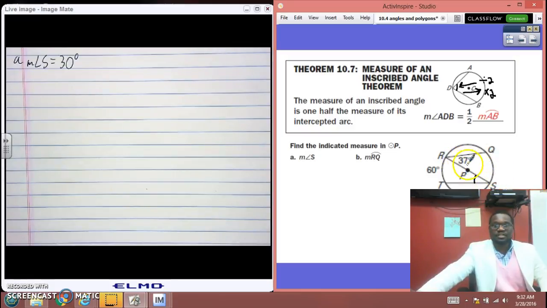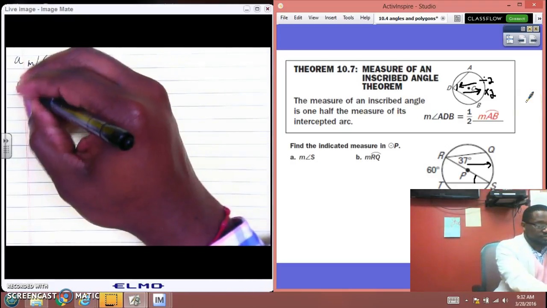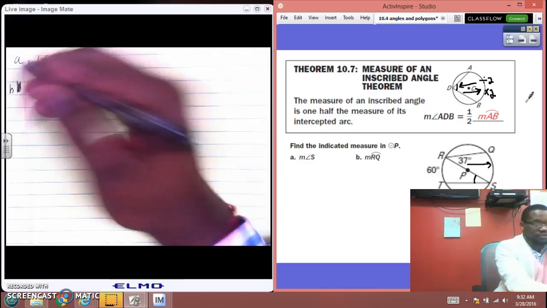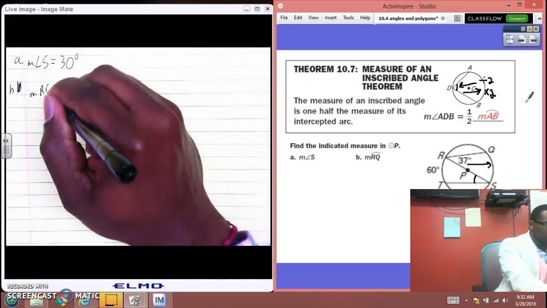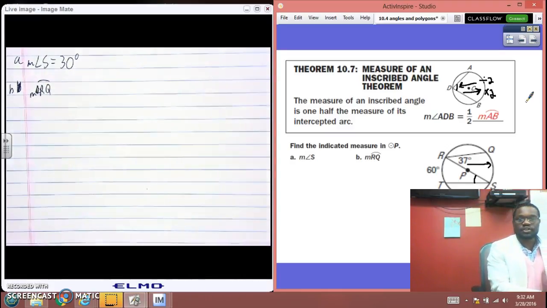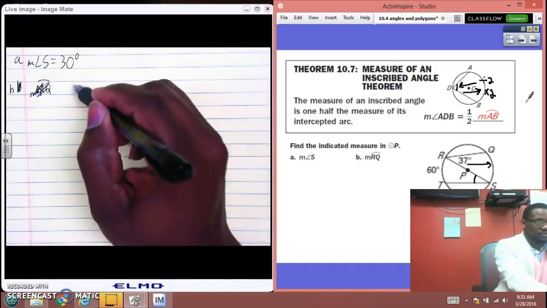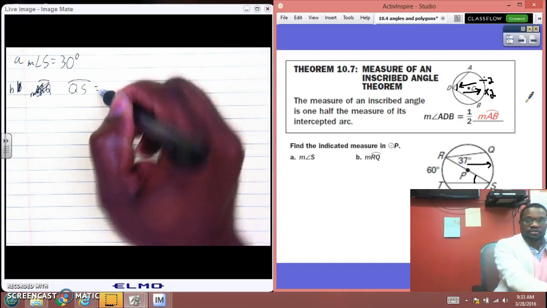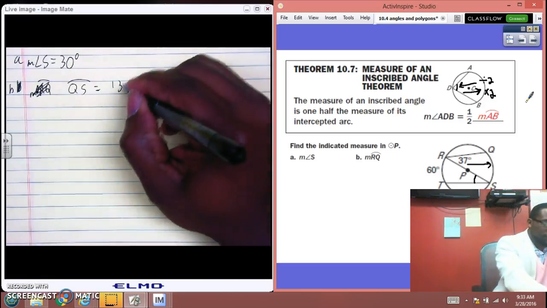If this angle is 37 and I need to find the arc, so I'm going from the angle to the arc, this is when you multiply by 2. So the measure of RQ comes from first knowing what QS is. So arc QS equals 134 degrees.